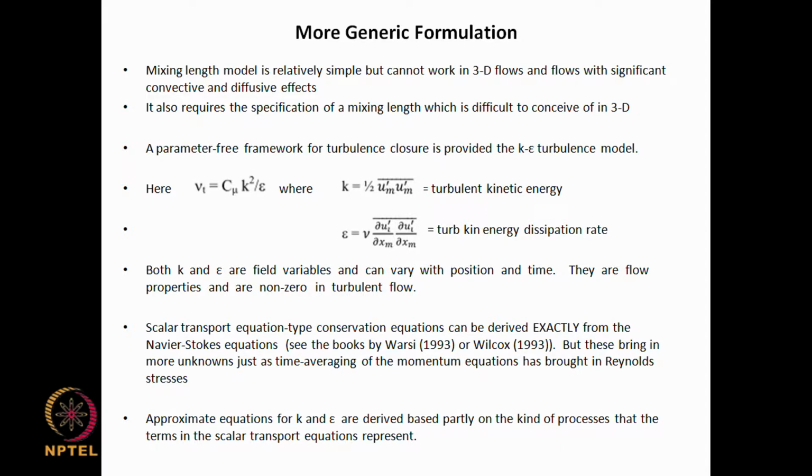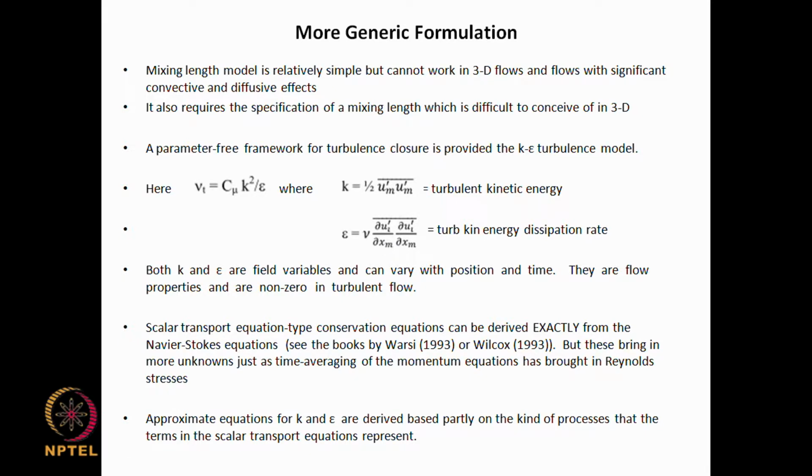We can derive an equation for K from the momentum equations, and both K and epsilon are field variables, and they vary with position and time. So, that means it is not a constant value, it changes locally, and it can change with time in a time dependent kind of problem.